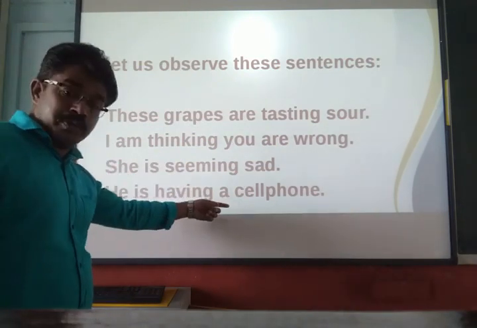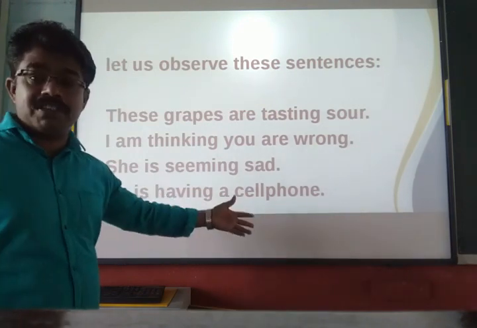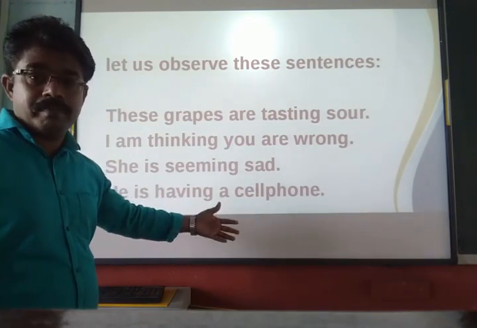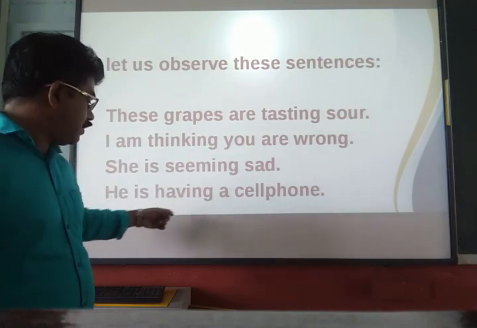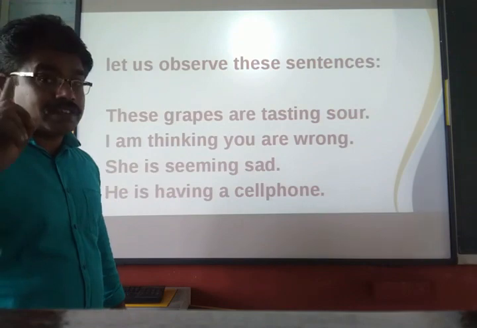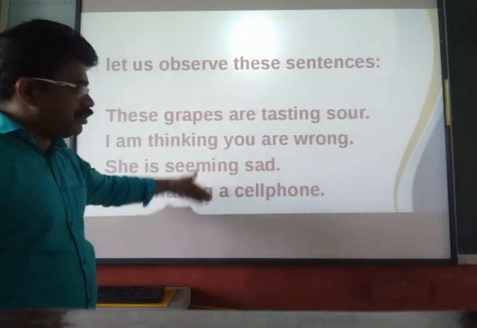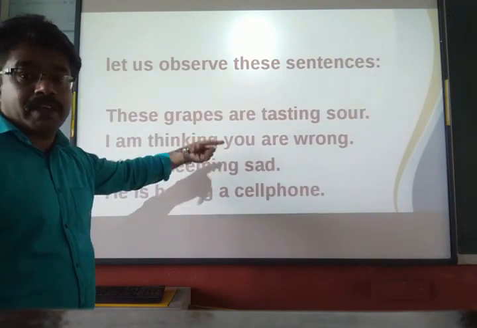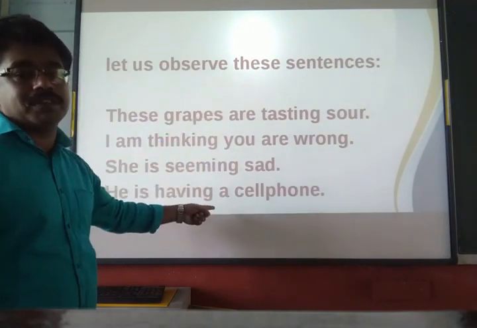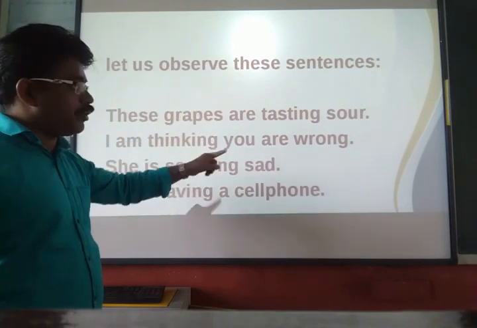Now this last example I used here, I said just before that "I am having a cell phone" is not to be used. So all these four sentences are wrong usages.